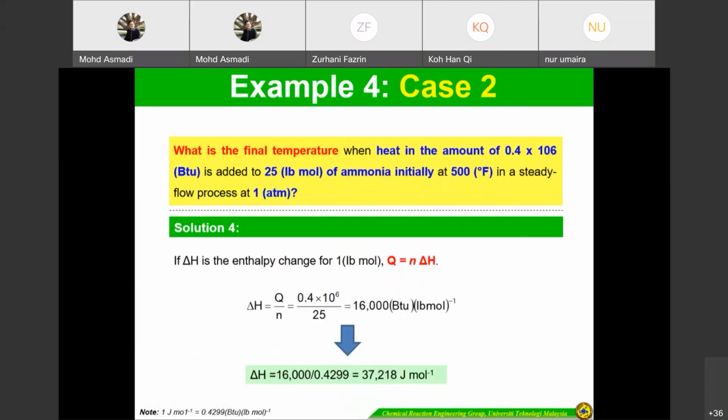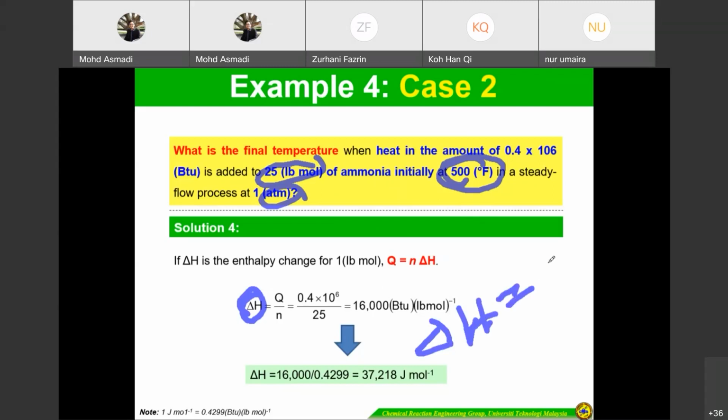However, for case 2, if you look here, it is given the number of moles, the temperature and also pressure, but we have to find the final temperature. How to calculate? Please determine the delta H first, because delta H is equal to the integral of Cp dT.